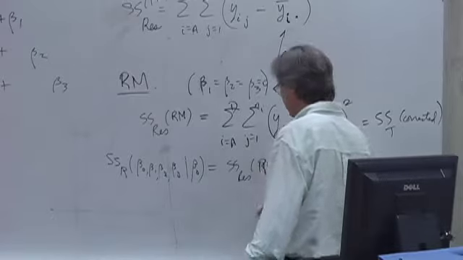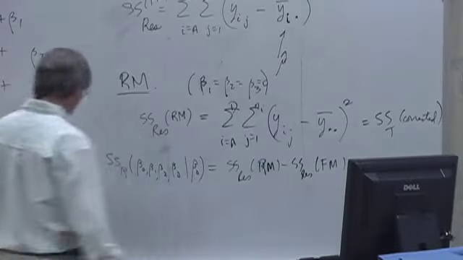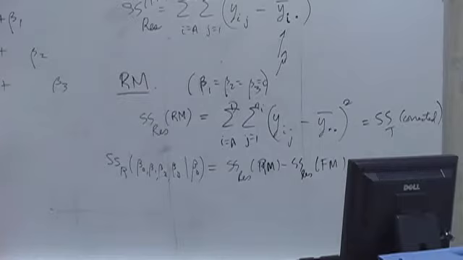Okay, so what do you figure the formula is? Is there a nice formula for it? Take the difference of those two. I guess we could go back to the beta hats, and x prime x inverse, and all that stuff too.